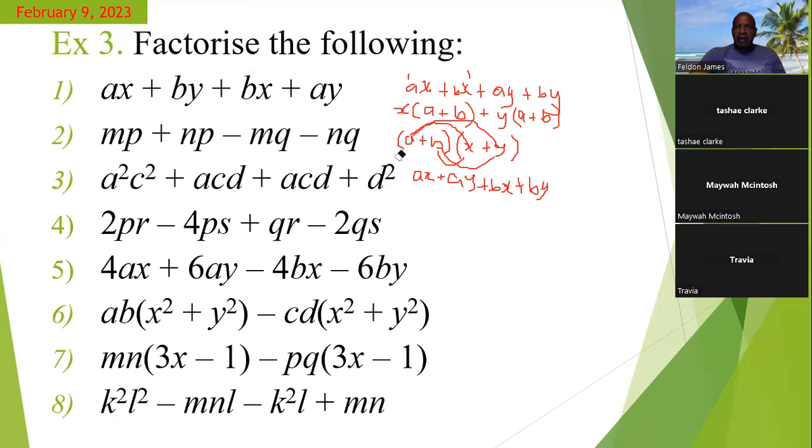So by multiplying out, we are finding the product. That means you're multiplying the first bracket by the second bracket using the distributive law. And when we have done that, we would have gotten this expression.